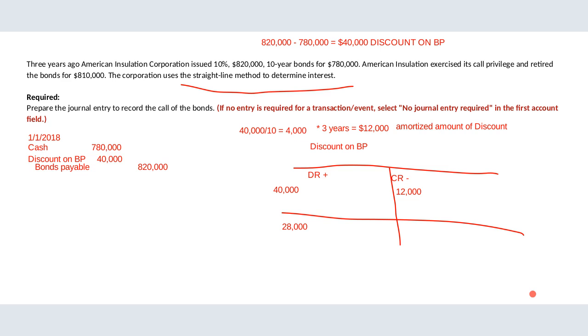And this is the carrying value. So note that I'm subtracting the unamortized amount, not the amortized. And calculating the carried amount, we take our 820,000 less the amortized amount of 12,000.